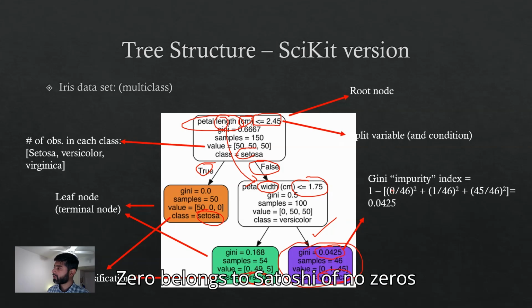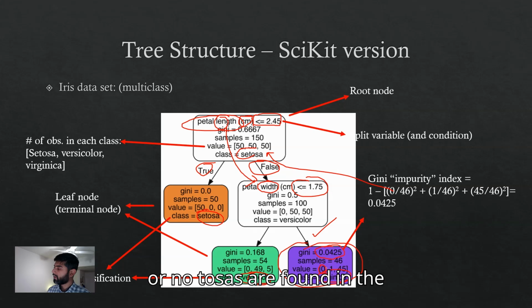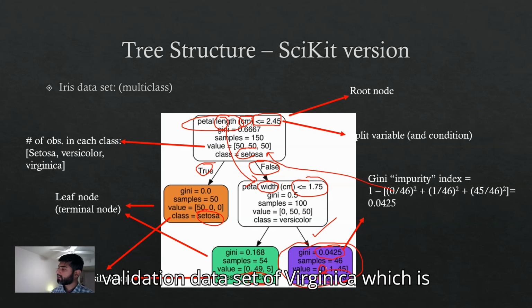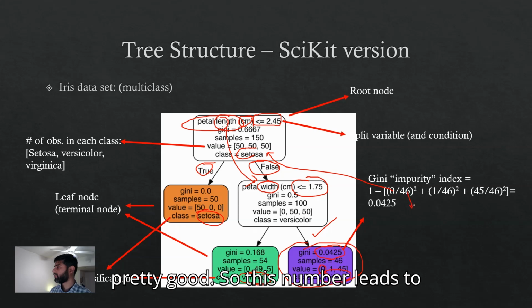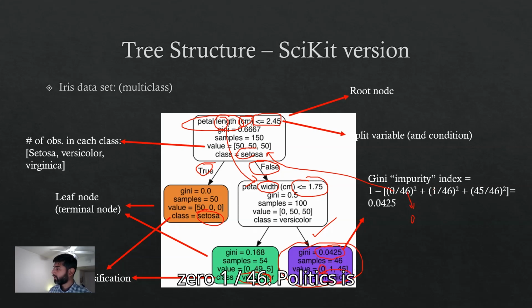0 belongs to setosa. No setosas are found in the validation data set of virginica, which is pretty good. So this number leads to 0. 1 over 46. 46 is the total number of observations in that data set. So 1 plus 45 is 46, and 1 is 1 impurity, which is versicolor.